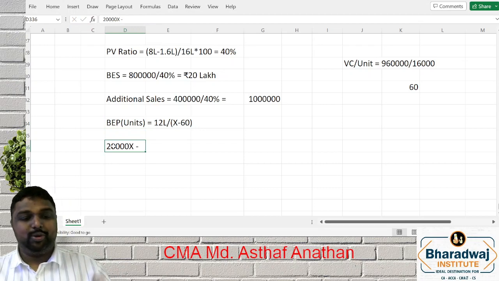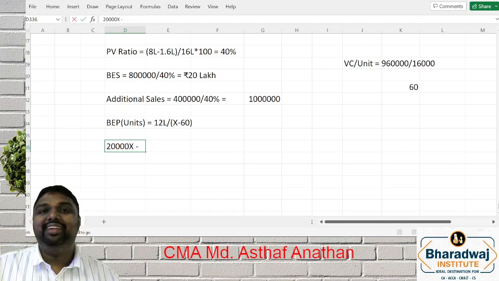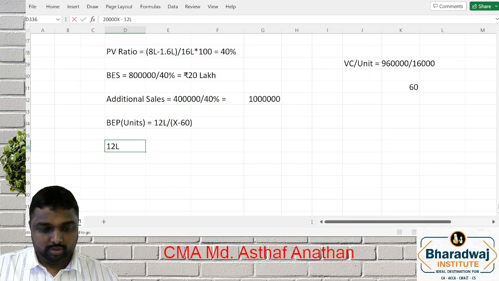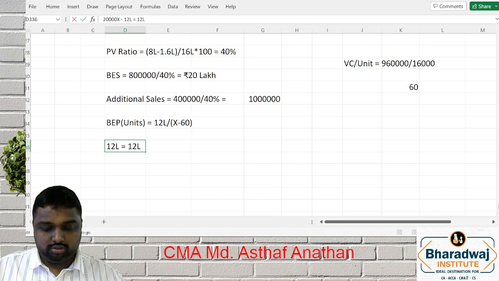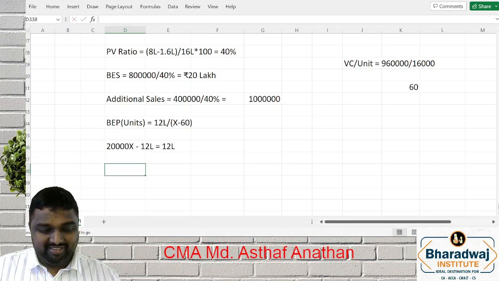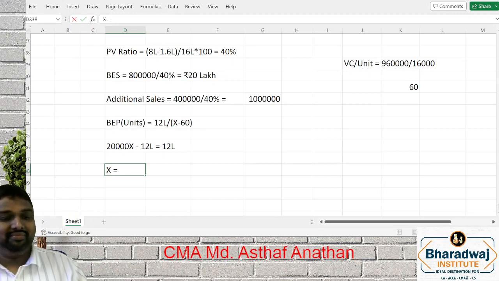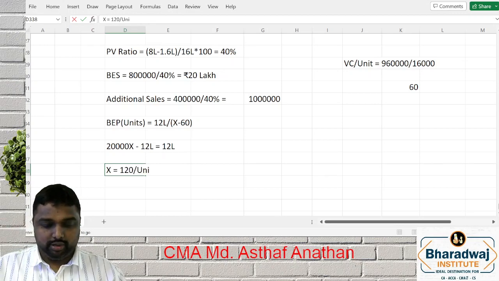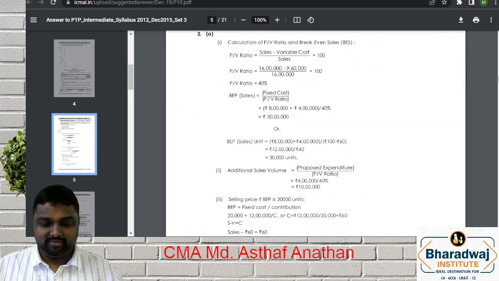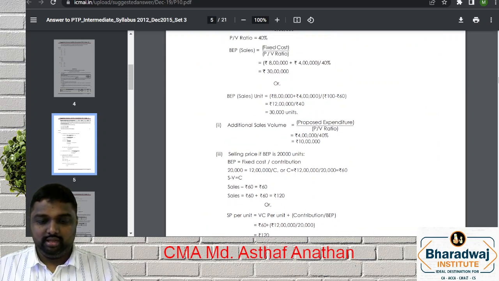So 20,000 into 60, what you will get? 20,000 into 60 is equal to 12 lakh. So what will be the x, my dear friends? Can you tell me? 120 per unit. Very good. The answer is correct. 120 is the correct answer.